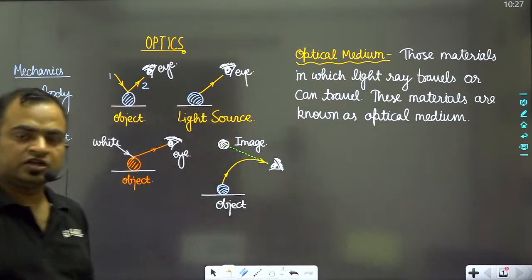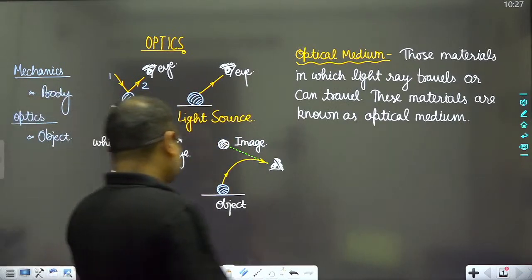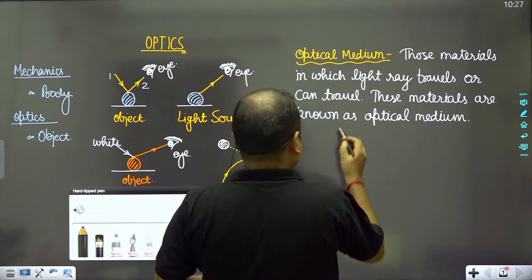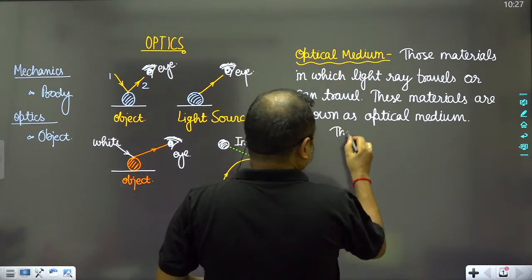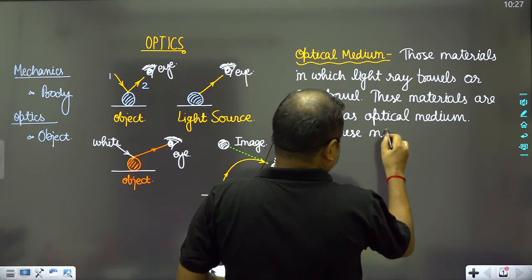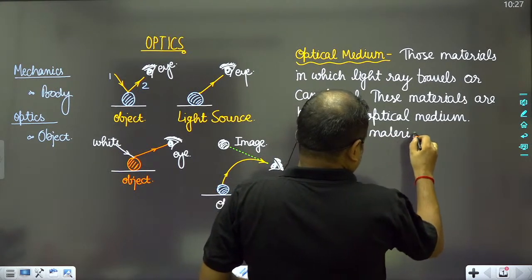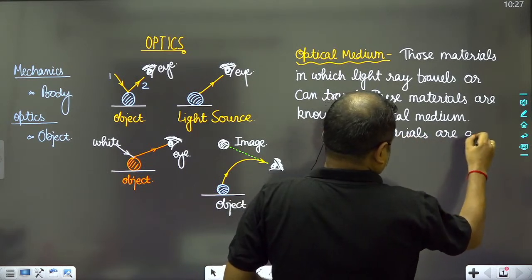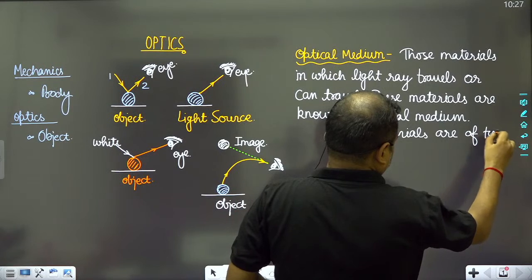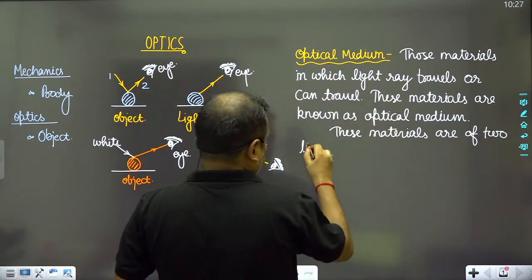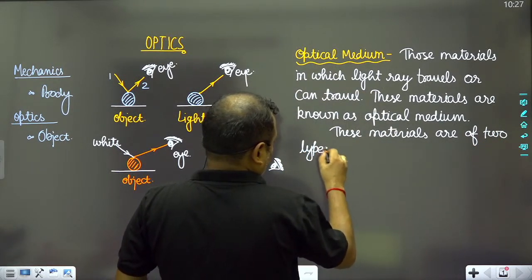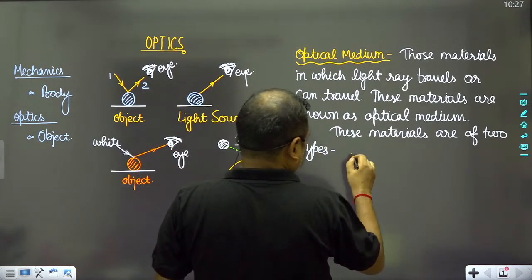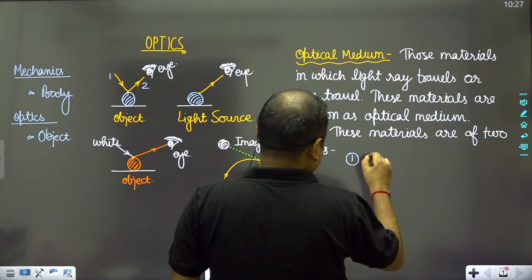Okay, these materials are of two types. Number one, rarer medium.